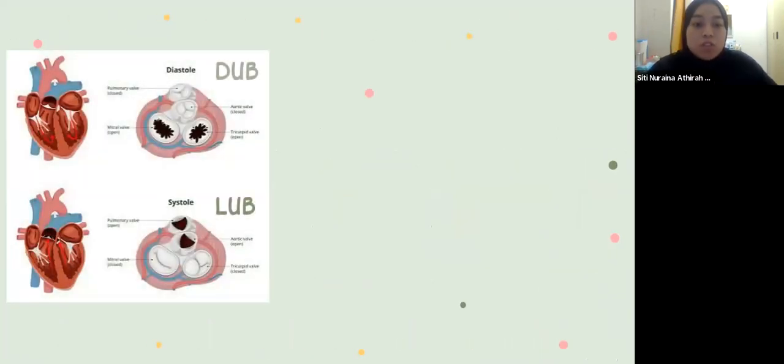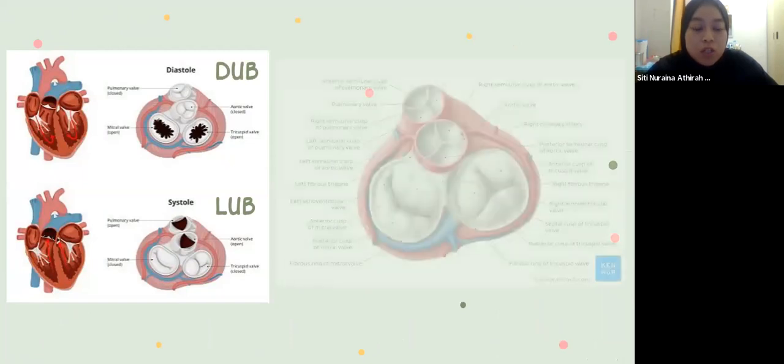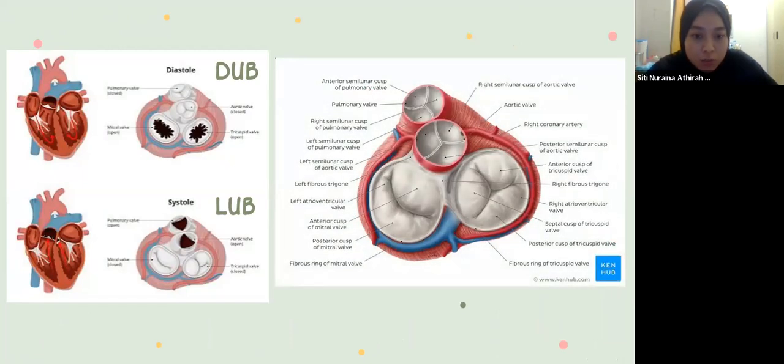So like I've said before, during systole, the mitral valve and tricuspid valve closure will produce the loud sound of the heart, and in the diastole phase, the pulmonary valve and aortic valve closure will produce the dub sound. Our heart valves will have 3 or 2 cusps each.